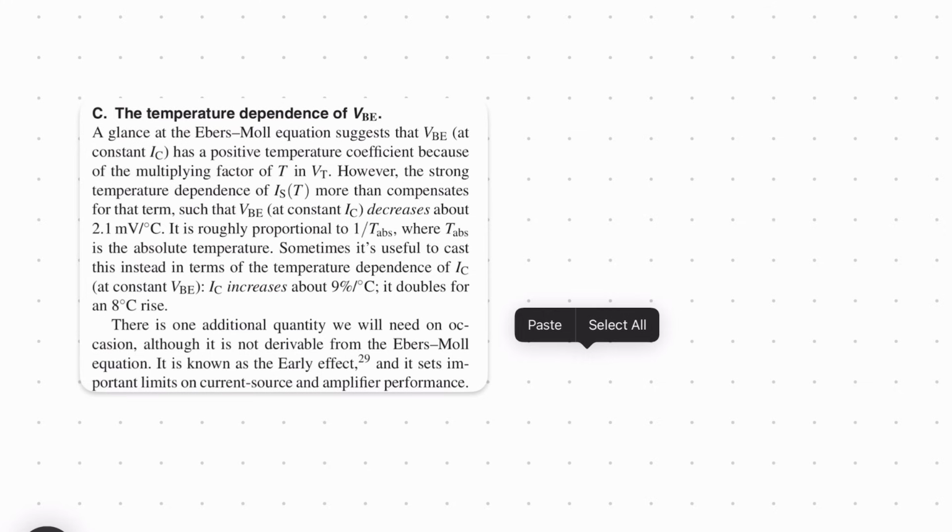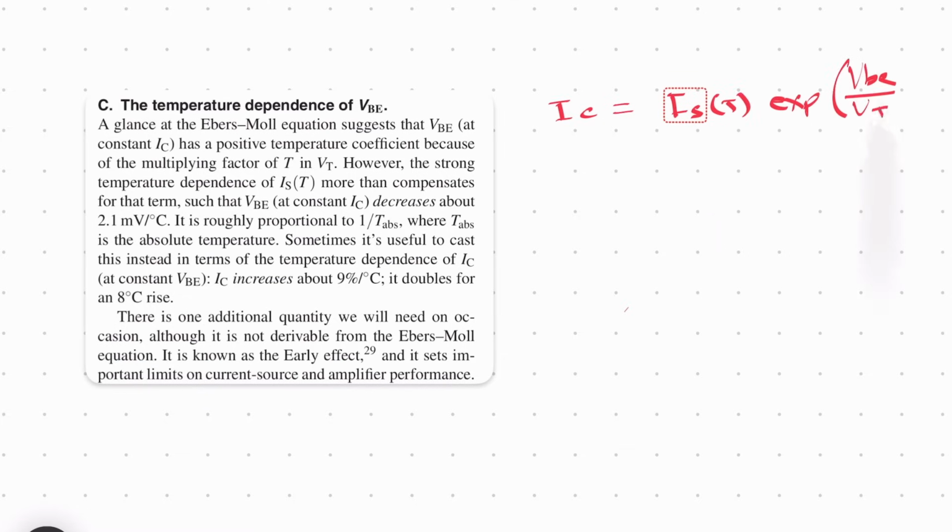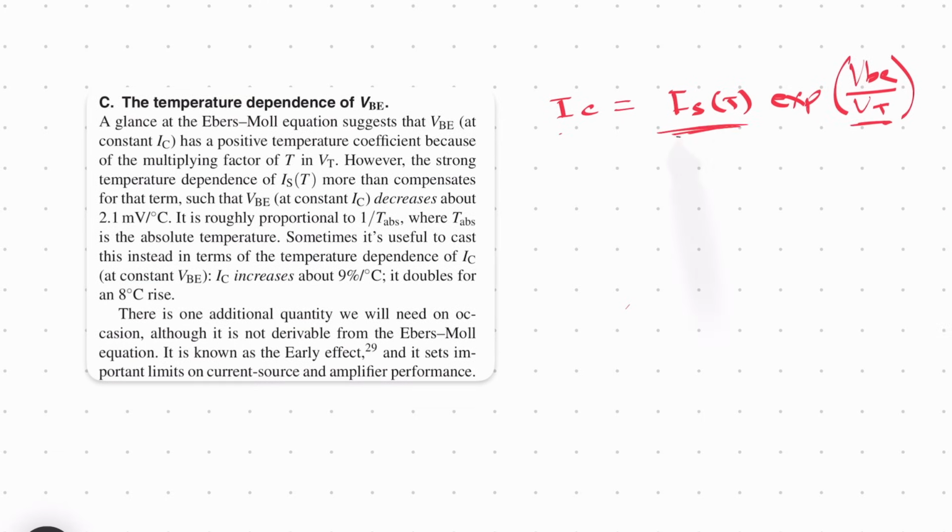However, strong temperature dependence of IS, and this equation we can write down as IC is equal to IS exponential VBE over VT. So what this part is saying is that when IC is constant, typically VBE would have a positive temperature coefficient because of the multiplying factor of T in VT. However, this part of the equation has a strong temperature dependence and compensates for the positive temperature coefficient.